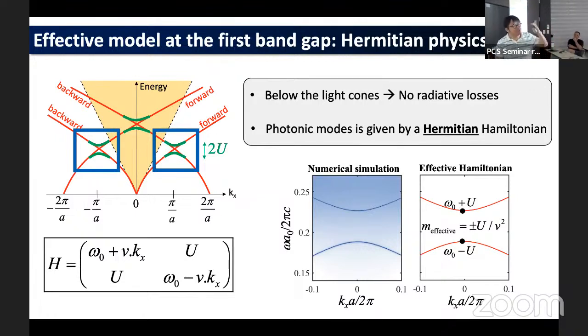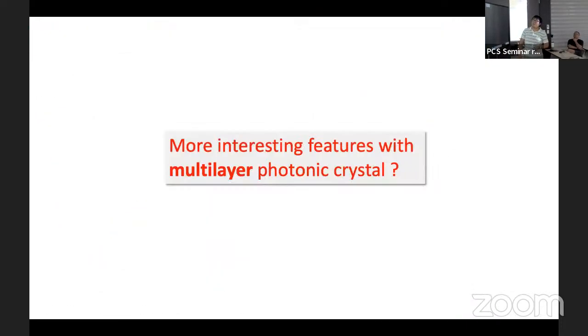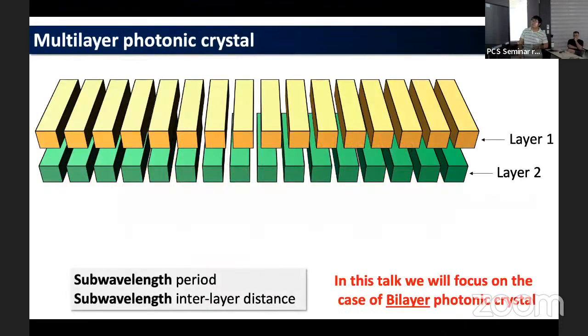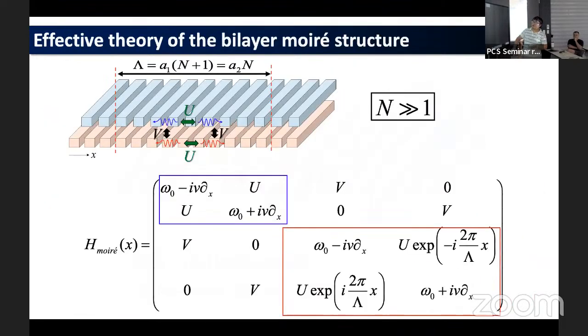And since the two gratings are super similar, you have the same U. The only thing you take into consideration is that when you put them close to each other, you start coupling with V, and then you need to see one in the referential frame of the other. So that's why you have this phase shift. But of course, when V is equal to 0, this doesn't play any role.